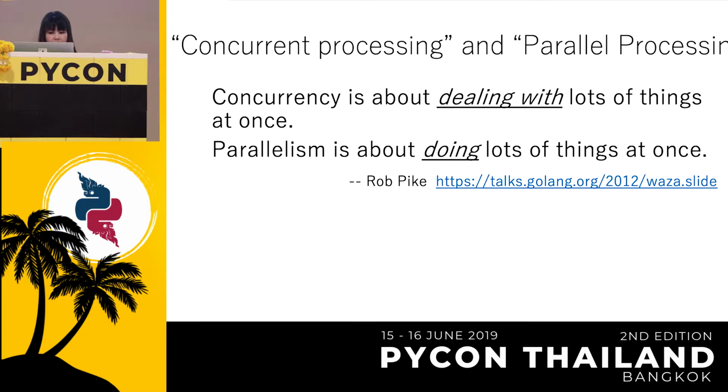Rob Pike, co-inventor of Golang, says that concurrency is about dealing with a lot of things at once, and parallelism is about doing lots of things at once. So they are not the same. One is related to the structure, and the other is related to the execution.